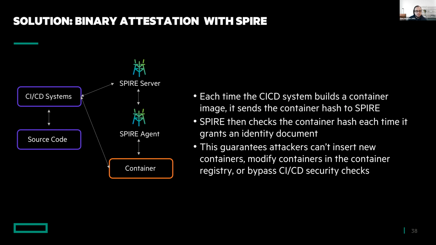So the cool thing about this is that no containers that haven't gone through the CI/CD system or aren't otherwise configured have any access to the identity infrastructure. They can't even connect to any other services. Or if a malicious user somehow changes the contents of a container, then that container will no longer be able to get an identity. So this is something we're working on.